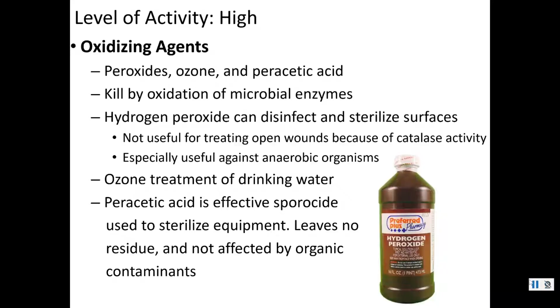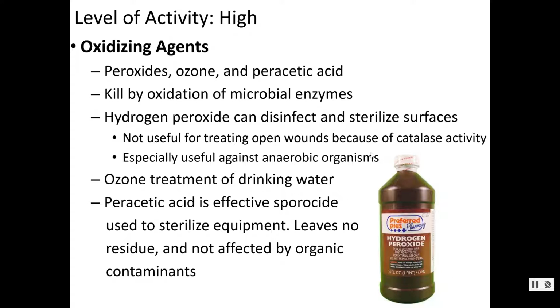So this is why hydrogen peroxide can be a high-level disinfectant. It will actually kill microorganisms, including endospores. Endospores are notorious for not being able to deal with reactive forms of oxygen. Most of the organisms that form endospores do that because oxygen is damaging. So this is why hydrogen peroxide can sterilize. It can get rid of endospores.